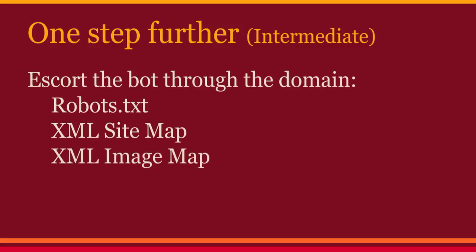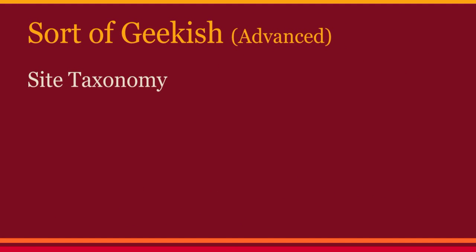And then there are also XML image maps, which are even more rarely used and extremely vital, because so much search is done now, especially on smartphones, that includes images, and image search is critical for most businesses. These are great ways to escort that bot right through the domain and tell it exactly what you're looking for.